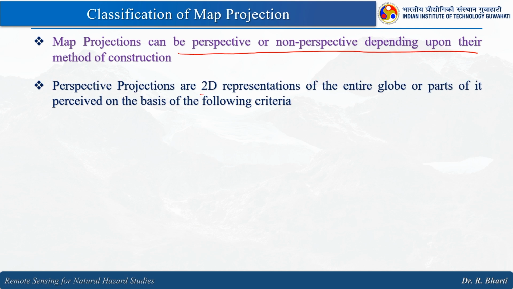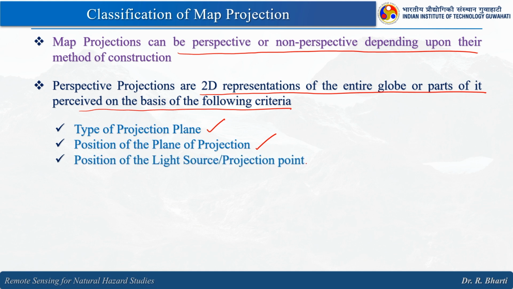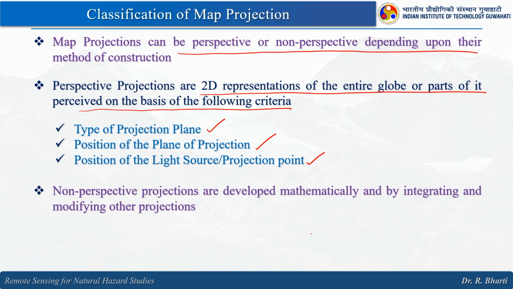Perspective projections are 2D representations of the entire globe or part of it perceived on the basis of the following criteria: type of projection plane, position of the plane of projection, position of light source or projection point, and non-perspective projections are developed mathematically and by integrating and modifying other projections.